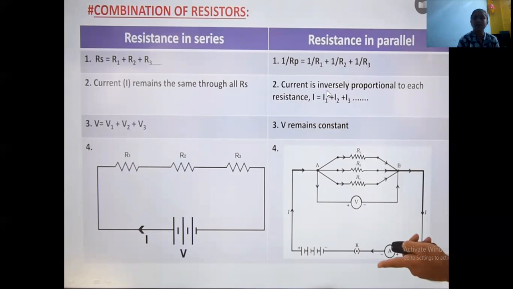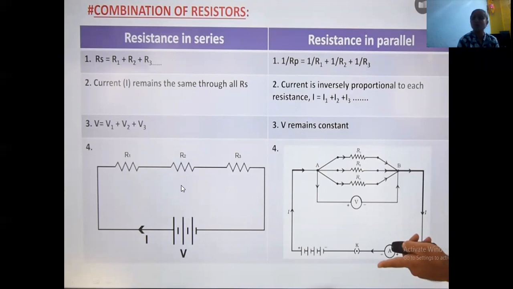Okay, current is inversely proportional to each resistance. Inversely proportional means you can see here I1 plus I2 plus I3. When current is flowing through, it is divided into all three parts. So it is inversely proportional. Here again, we have observed V is equals to V1 plus V2 plus V3. That means voltage is proportional to the resistance. Correct? And here V remains constant.